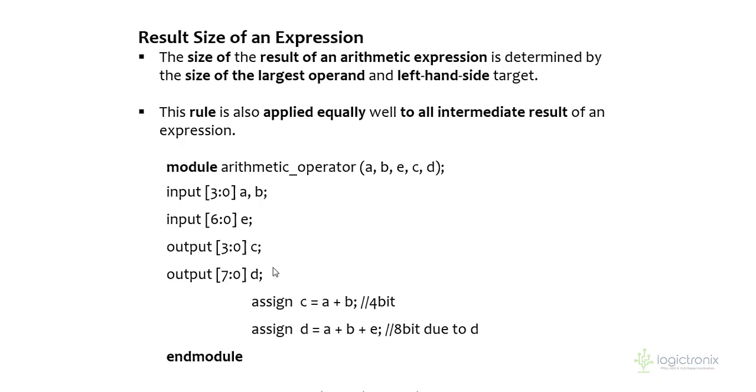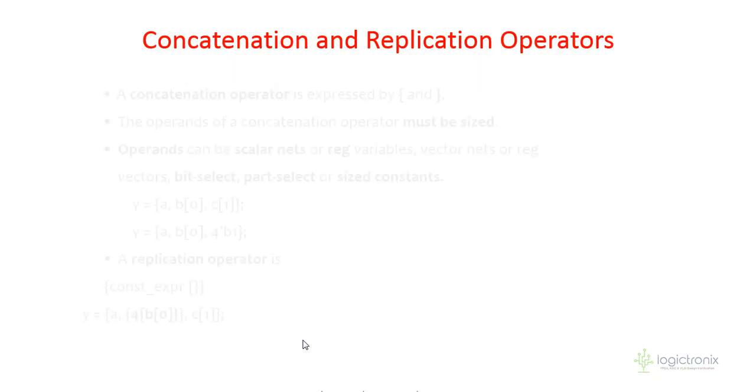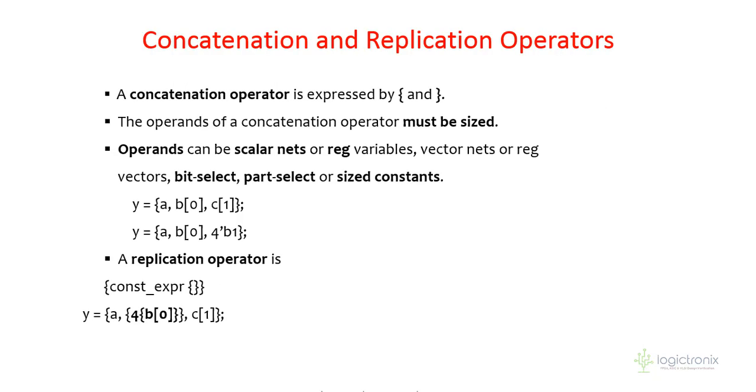Like here we have C. C is 4-bit, A and B are also 4-bit, so the result will be provided to 4-bit C, while here D is 8-bit, A is 4-bit, B is 4-bit, and E is 7-bit. So what happens is 0 is added in this type of operation, so the D output port will get an overall 8-bit result.